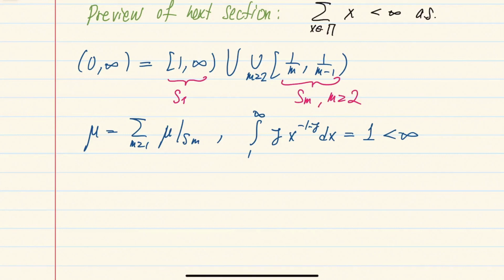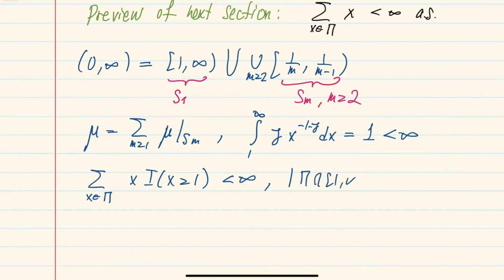And if you take the sum of points in this random set generated according to this representation, the points above 1 will be a finite sum simply because the number of points on the interval from 1 to infinity, by the definition, will have a Poisson distribution with the mean 1.